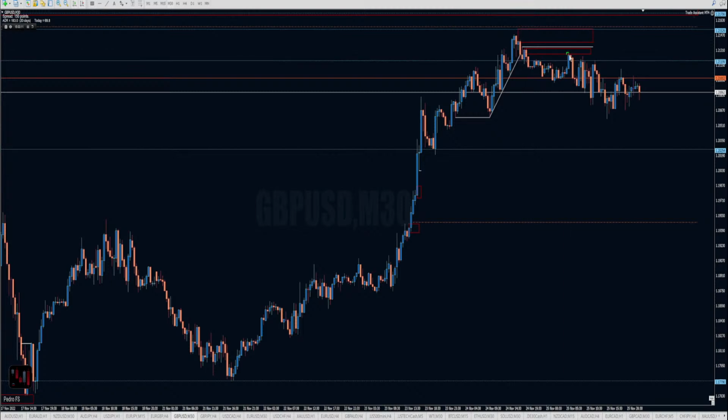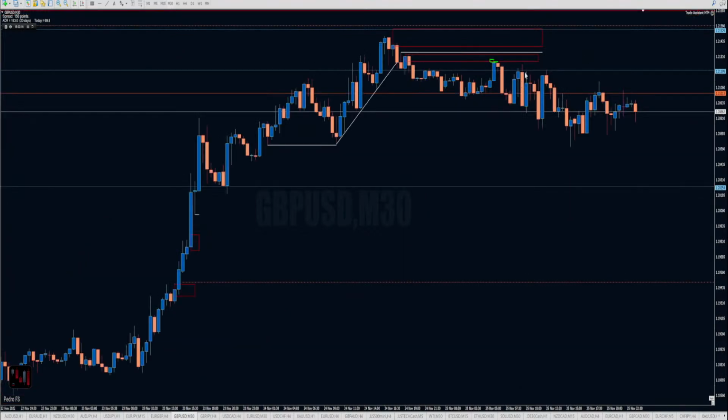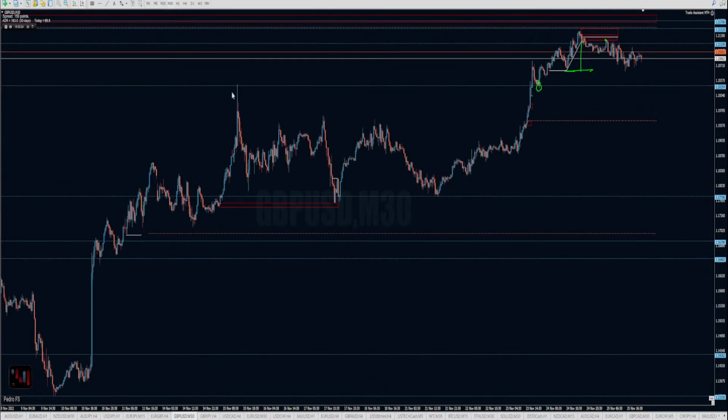This would have been one of my favorite entries, way too early for me, and this could have been the other one which I was not ready to take. That was one of the biggest mistakes I should have taken, because I wanted to see this being built with the potential to even go all the way back close to this support resistance level that we took from these highs all the way until this month. So I can still see maybe the scenario of going in here.